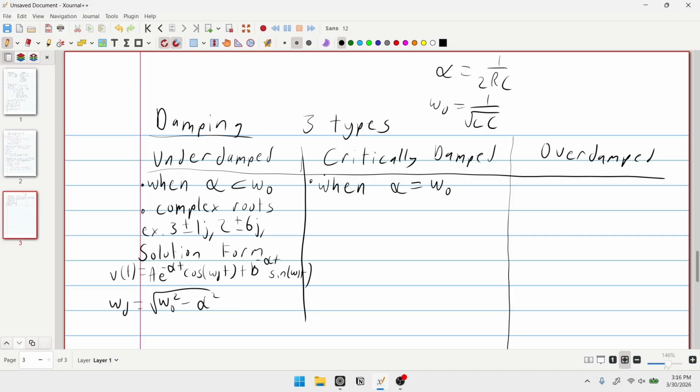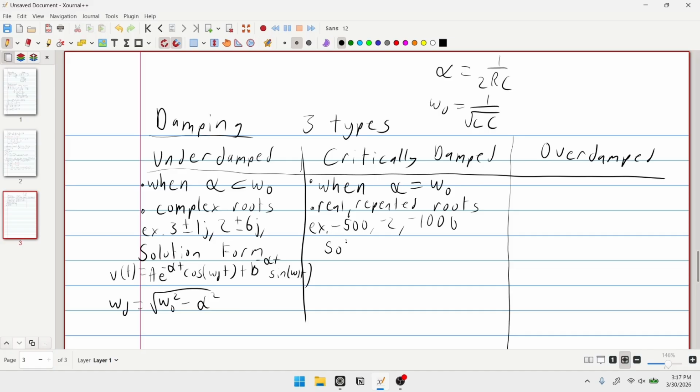So basically this means that we will have real and repeated roots. So some examples, you'll have like negative 500 or negative 2 or like negative 1000. You'll typically see in your problems that they're much larger than these numbers, but I'm just throwing them out there.